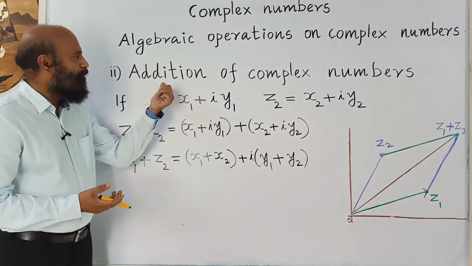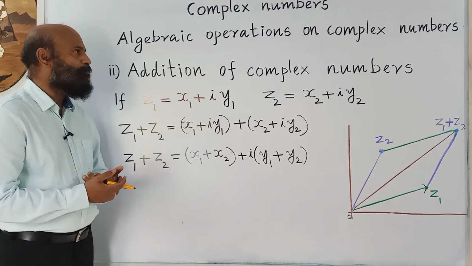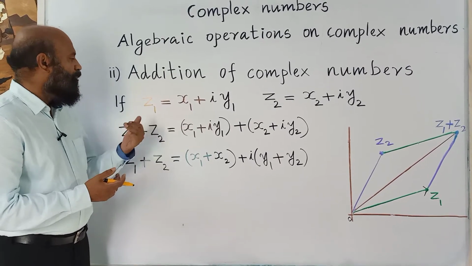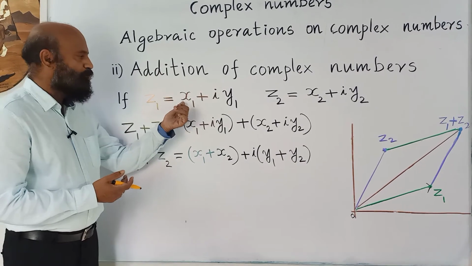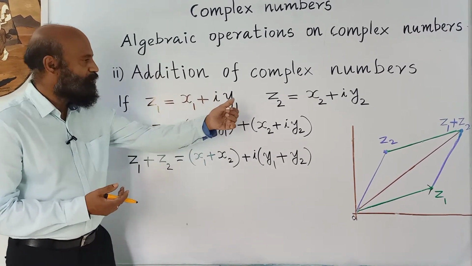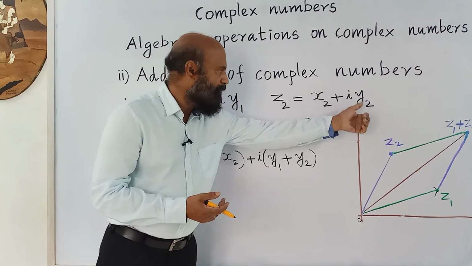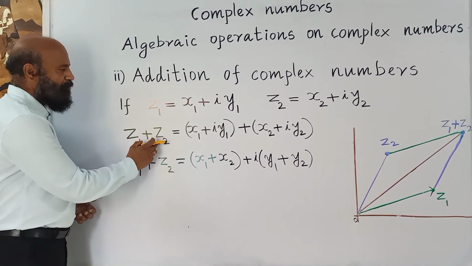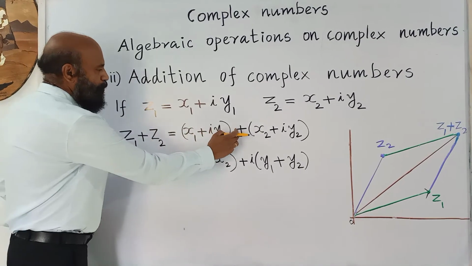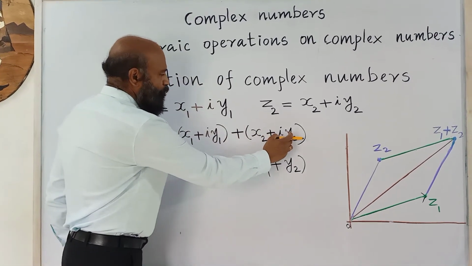Next algebraic operation is addition of complex numbers. Two complex numbers are given. z1 is equal to x1 plus iy1. z2 is x2 plus iy2. Now z1 plus z2 is x1 plus iy1 plus x2 plus iy2.